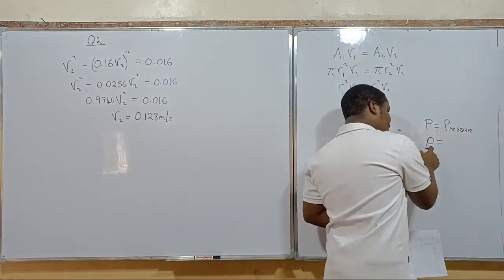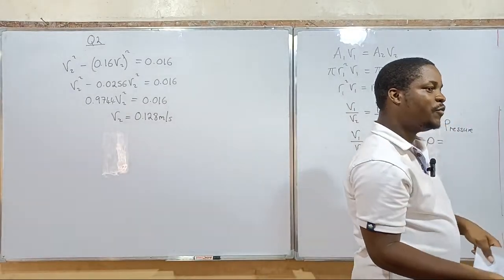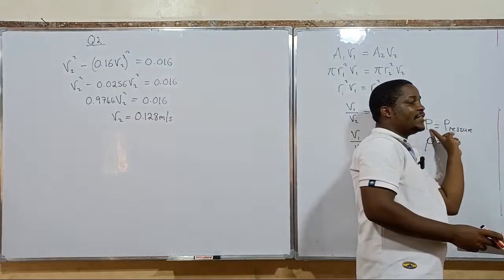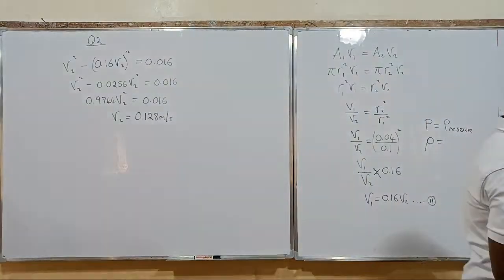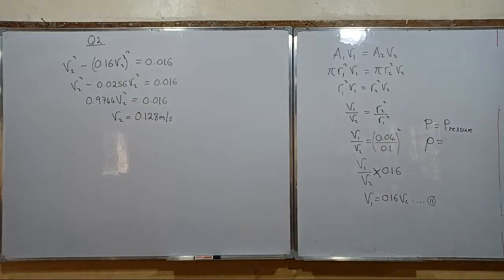The name of this symbol is rho, and it represents density, just like the name of this letter is P, and it represents pressure. Those are just Greek letters, like alpha, beta, gamma, lambda. I'm just using rho because that's the name of that particular symbol. It's not P, it's rho. If I say P, we'll confuse it with pressure. That's why I'm saying rho and P. There's a difference. Don't worry.